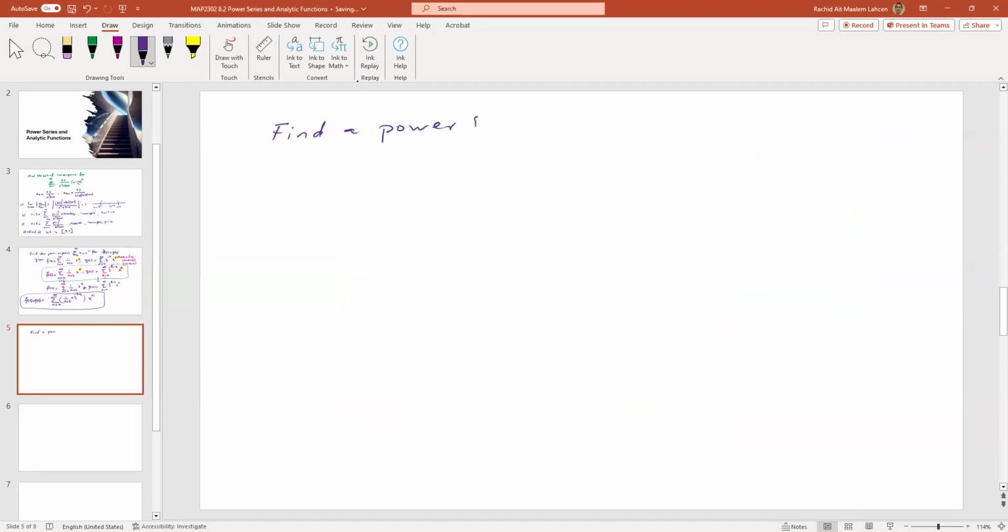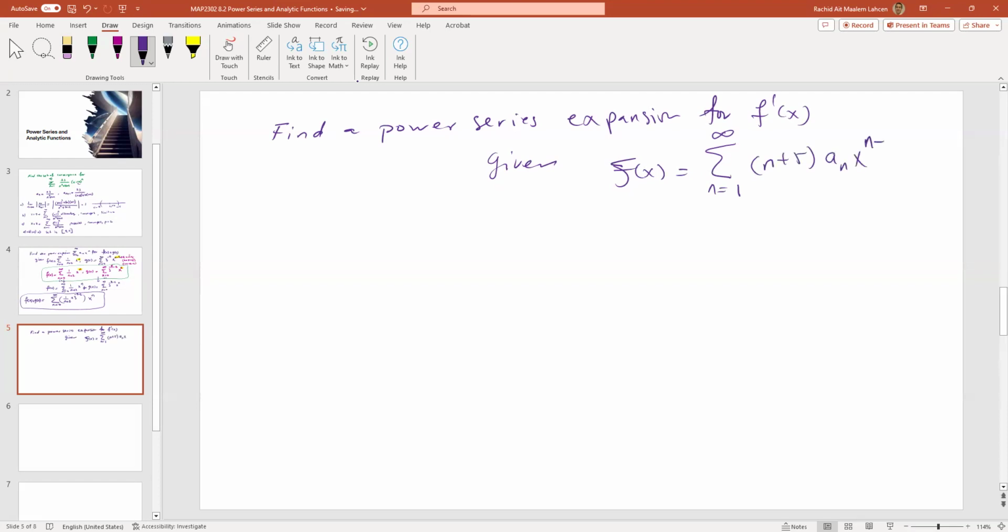Find the power series expansion for f prime of x, given f of x to be this series here, n plus 5 over 7 times x to the n.